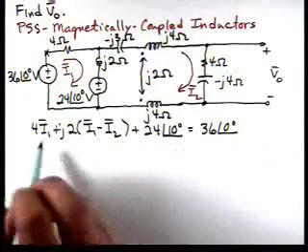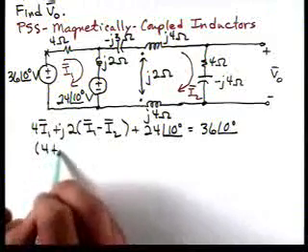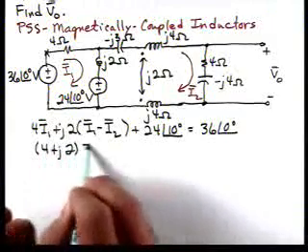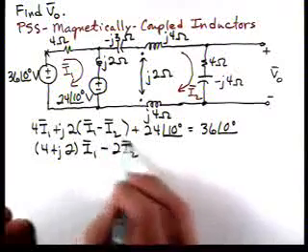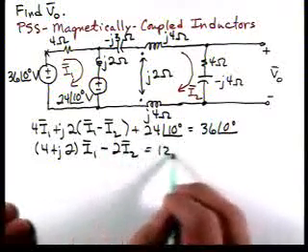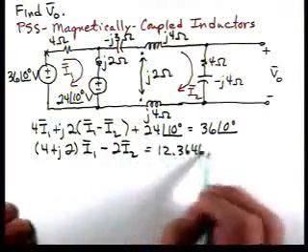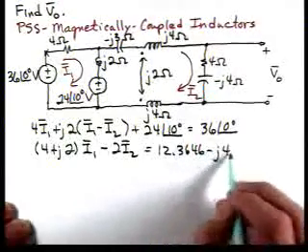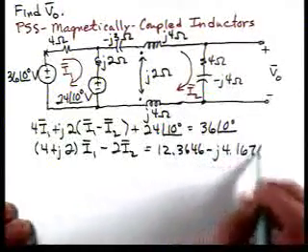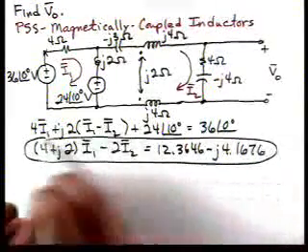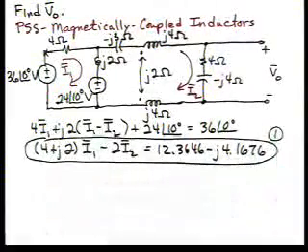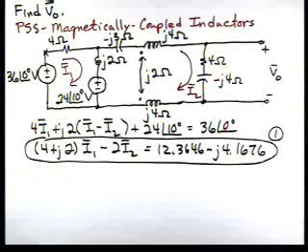And if we simplify this, we'll have (4 plus j2) times I1 minus j2 I2 is equal to 12.3646 minus j4.1676. Okay, so here's one of our equations.